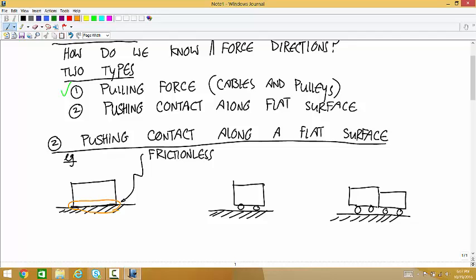This contact force between the floor and this box is pushing contact along a flat surface. They're each pushing on each other. This is pushing contact along a flat surface. And then in this example, we have it there, there, and we also have it here. Those two boxes are pushing on each other where they're touching.